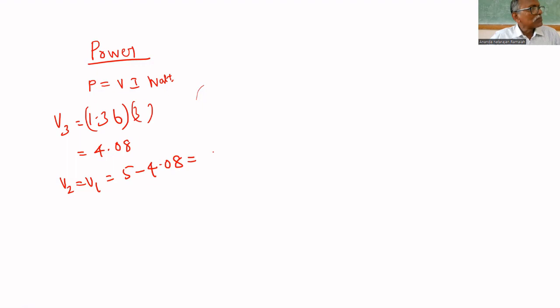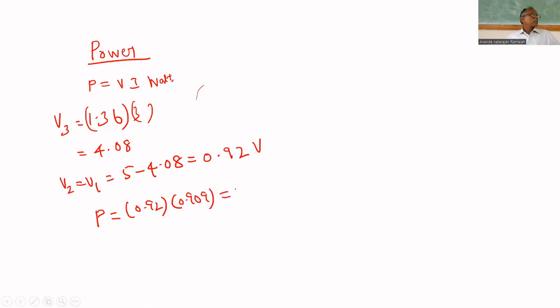That is equal to 0.92 volt. Now we can find the power dissipated in the 1 ohm. P equal to 0.92 multiplied by 0.909. How much? 0.836 watts.